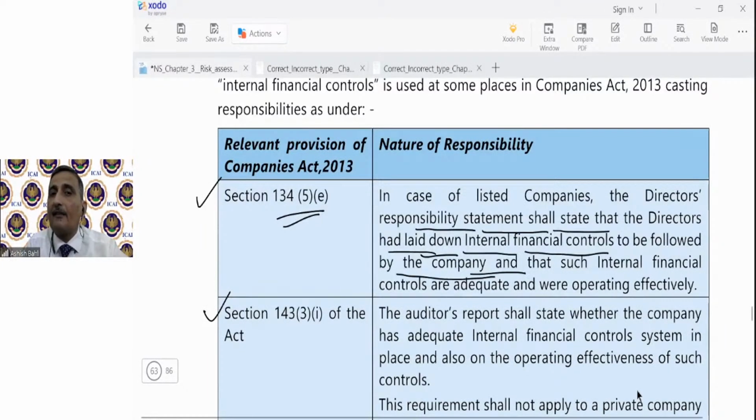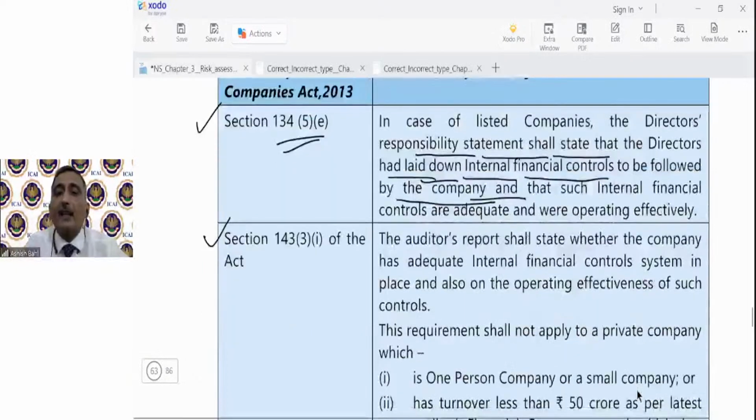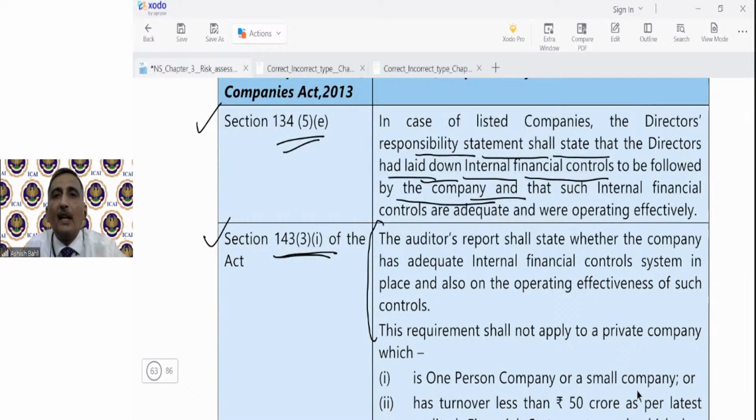So directors have to state in the director's responsibility statement. Similarly, in certain cases of companies, the auditor has to state in section 143 subsection 3, when the auditor gives his report, there are certain requirements which are to be reported by him in accordance with the provisions of the Companies Act under section 143 subsection 3.